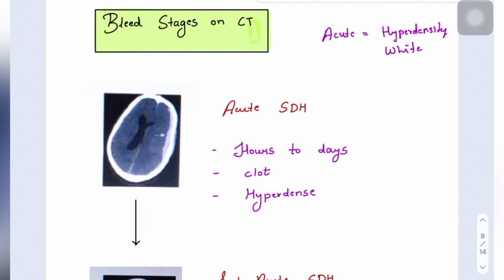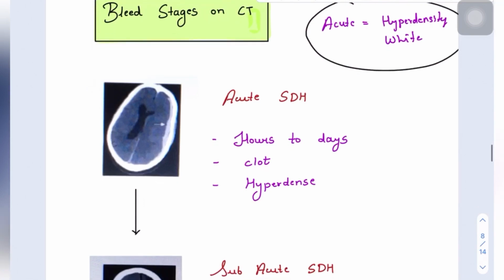Okay, so in this image you can see here there is something hyperdensity which is in concave shape. So it is acute subdural hemorrhage which occurs from hours to days. Clots are present, and as I told you before, it is hyperdense.